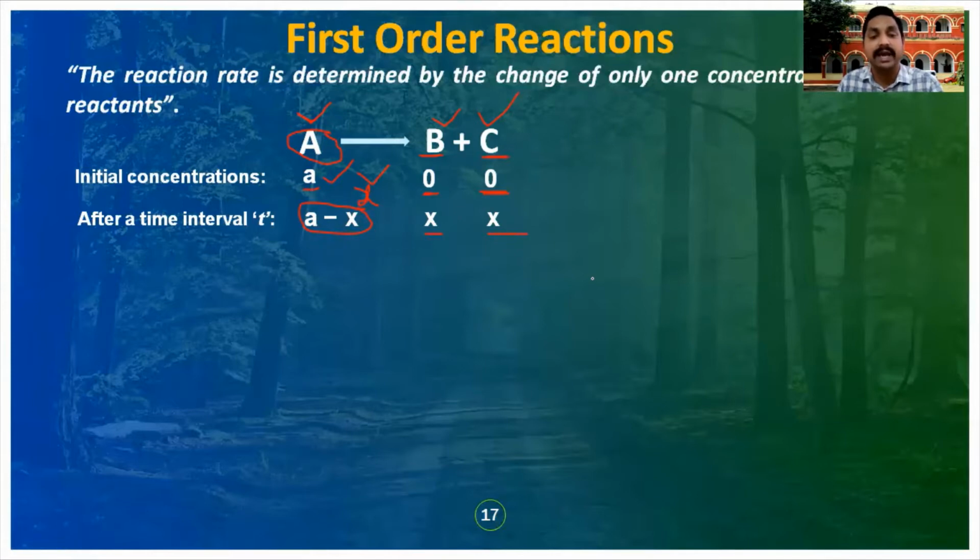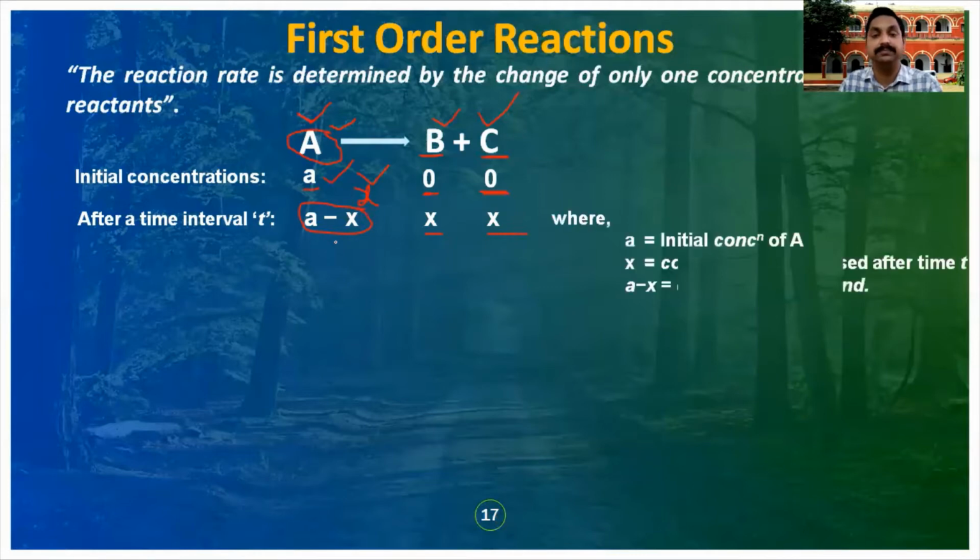X is the concentration of reactant A decomposed in time T, and a minus X will be the concentration of reactant A left behind after time T. So thus we have seen the initial condition and conditions at time T.